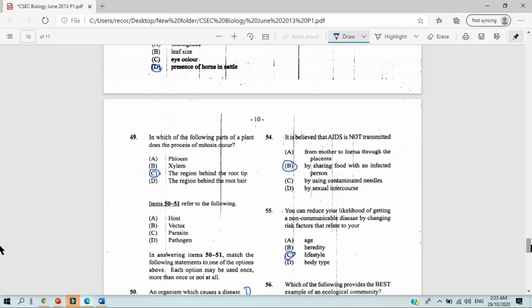If you change your lifestyle, it is likely that you will not be affected by some non-communicable diseases, like someone who chooses not to change a lifestyle. A lifestyle change here at 55 would answer this question nicely. So our answer for 55 is going to be C.